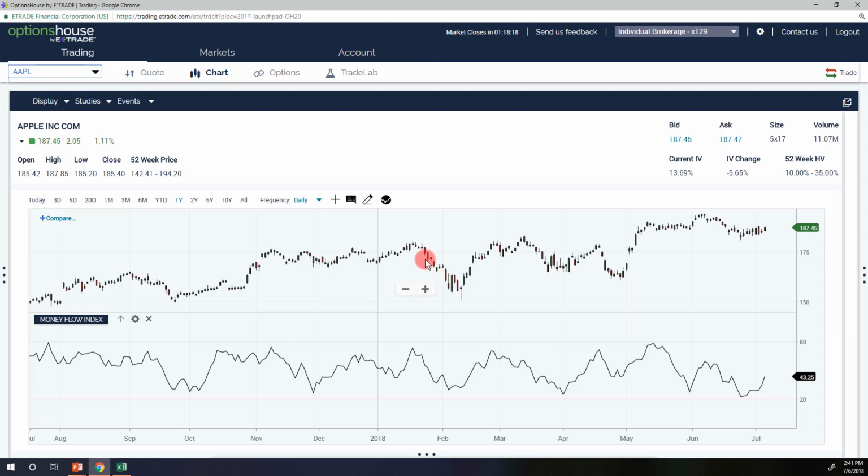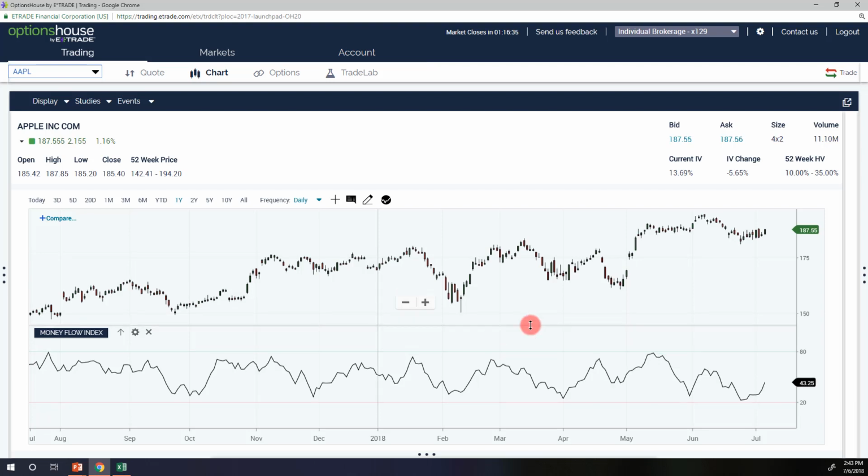Conversely, if we saw an area where the stock maybe through here made a lower low, but the indicator wasn't quite as low, we might see that as a turning point. But the main one that people use is to either A, look at this as an overbought, oversold indicator, or wait for this black line to cross from underneath, in which case it's now bullish, or to fall from above, in which case it's now bearish.